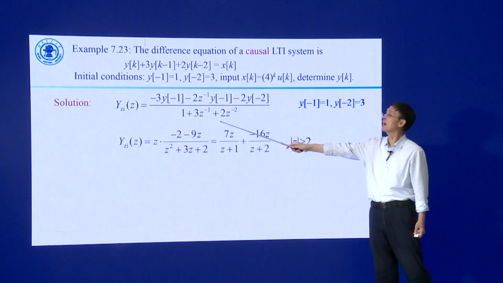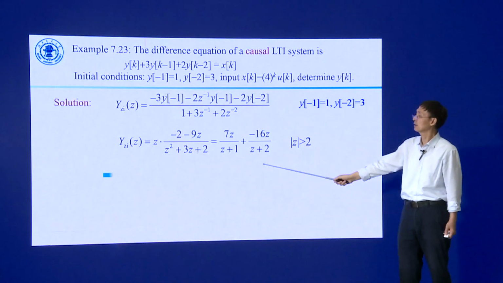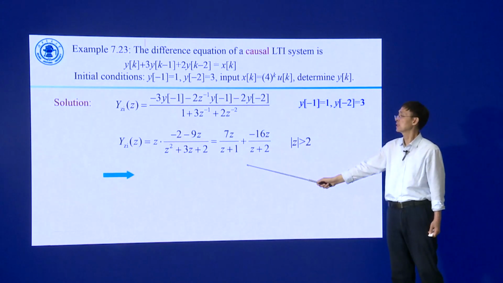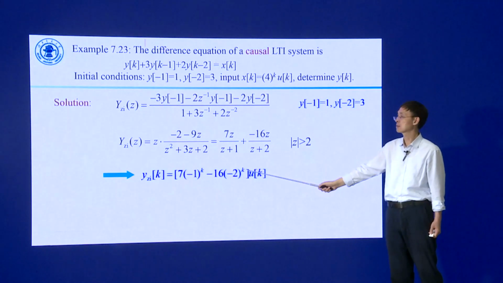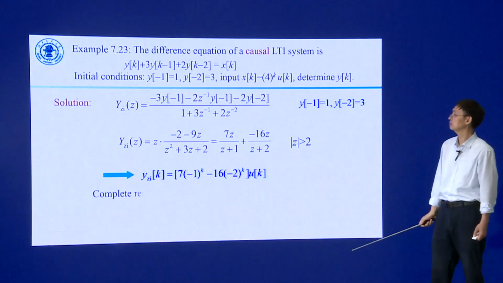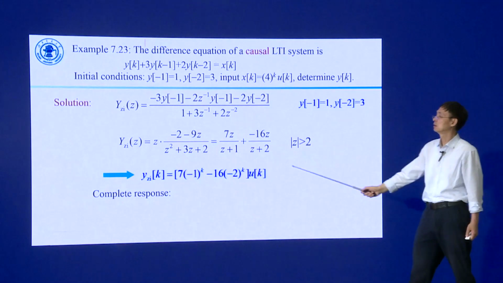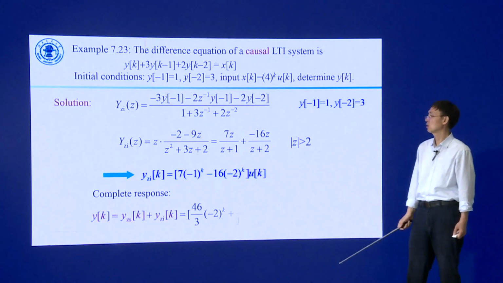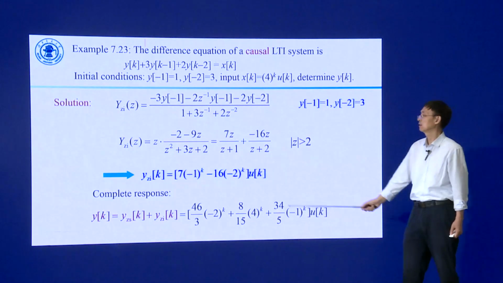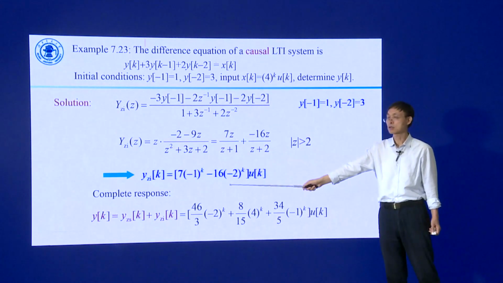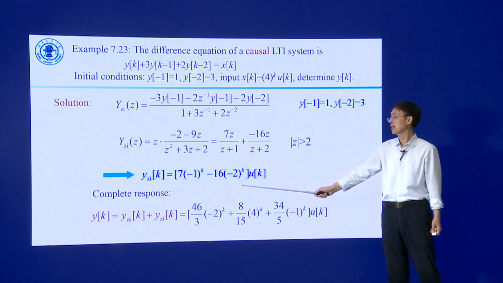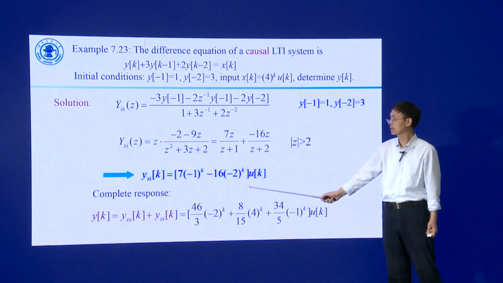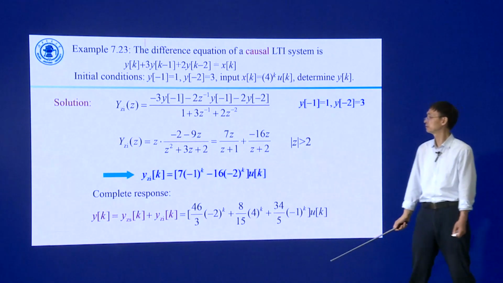From Y_zi(z), we can get the system zero input response. So we can get the complete response y(k) equals y_zs(k) plus y_zi(k).